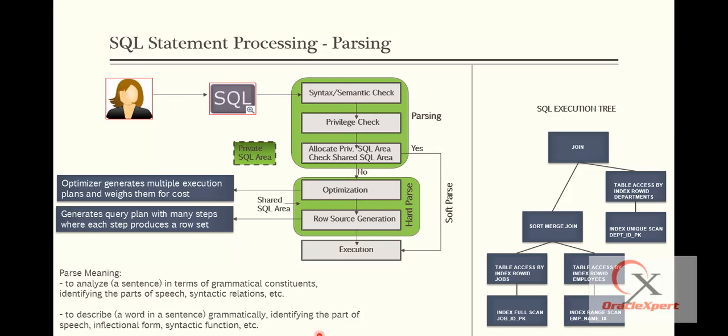Here, the optimizer attempts to generate the best execution plan for a SQL statement. The best execution plan is defined as the plan with the lowest cost amongst all the probable candidate plans available.